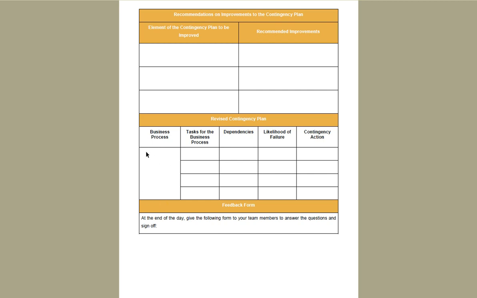So the business process would be the handing in of the portfolios. So the task for business process is to receive the materials. The dependency is on the facilitator. The likelihood of failure is low, but now the contingency plan is no longer for it to be emailed, but it's now on Google Drive or it's pre-installed in a tablet. Okay, manager to sign off portfolio, dependencies, availability of the manager, likelihood of failure, maybe it's quite high, contingency action.